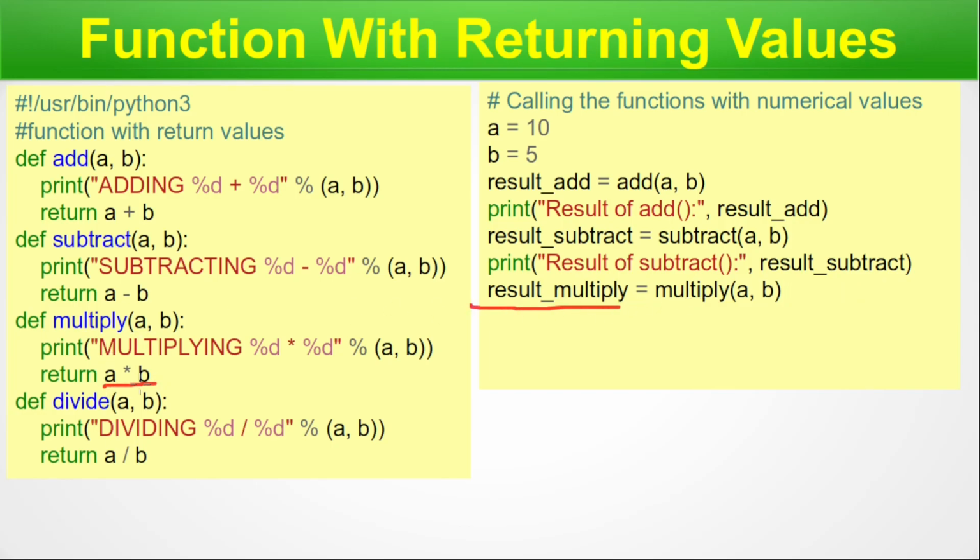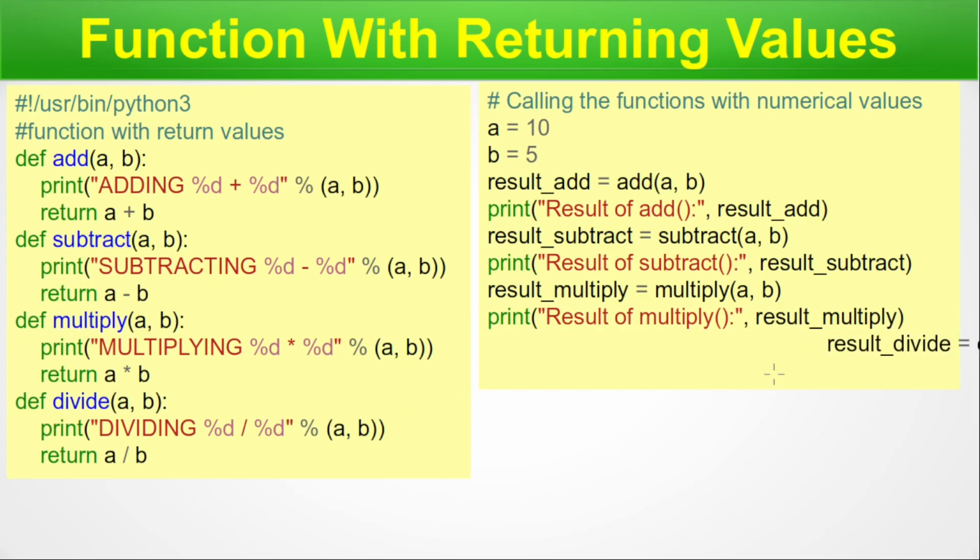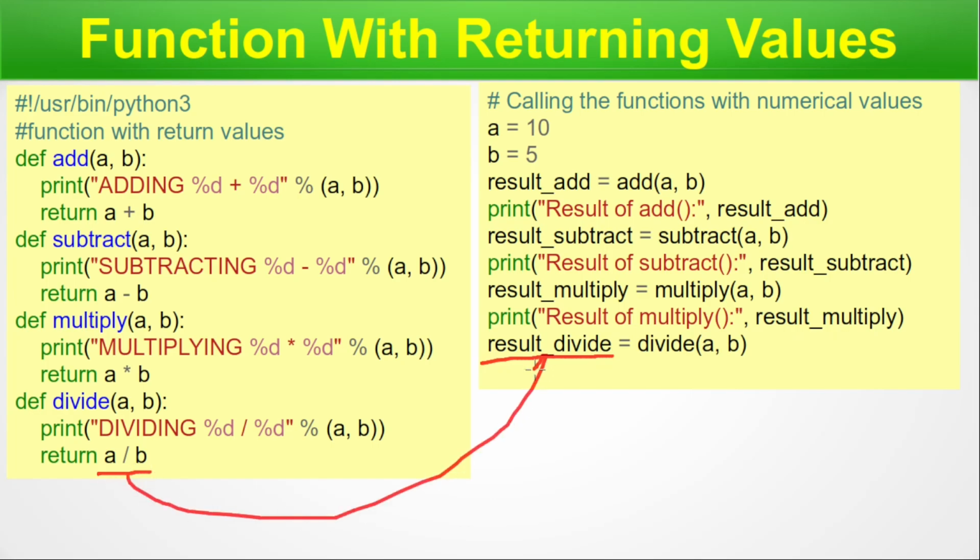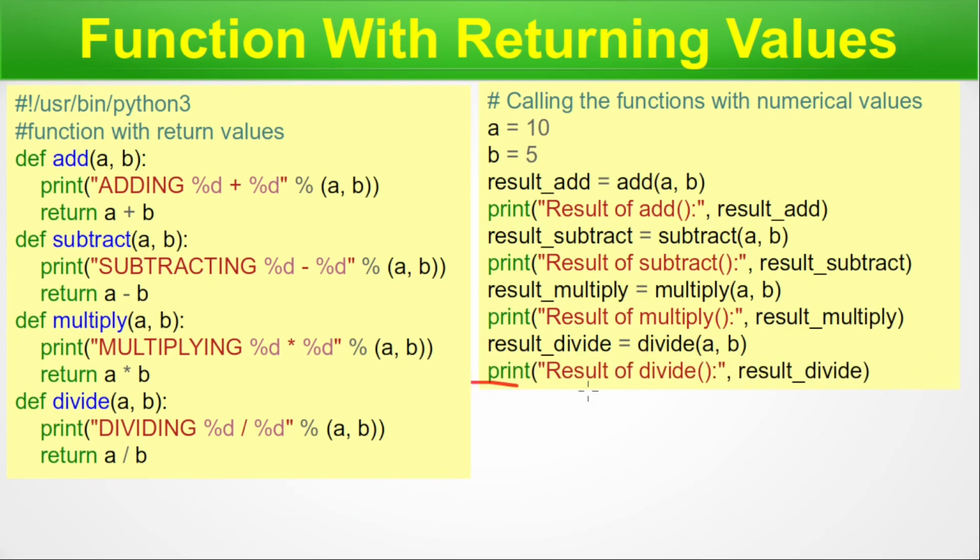Whatever we get from the return will go to this variable by calling this function. Similarly, we print the multiplied value. Next we write another variable, result divide, and whatever divided value is returned is stored in this variable through calling this function. And here again we print the result divide.